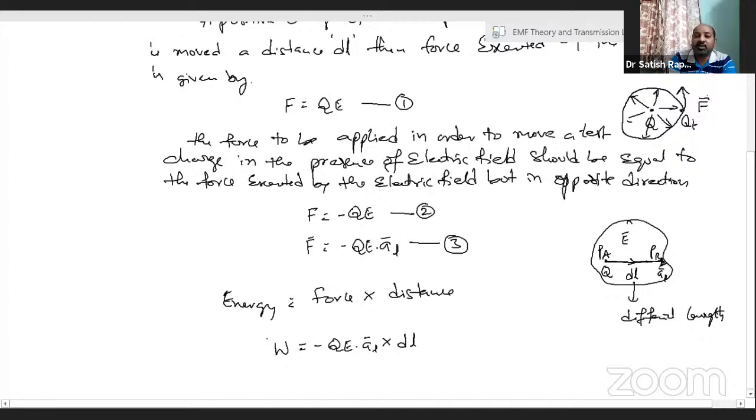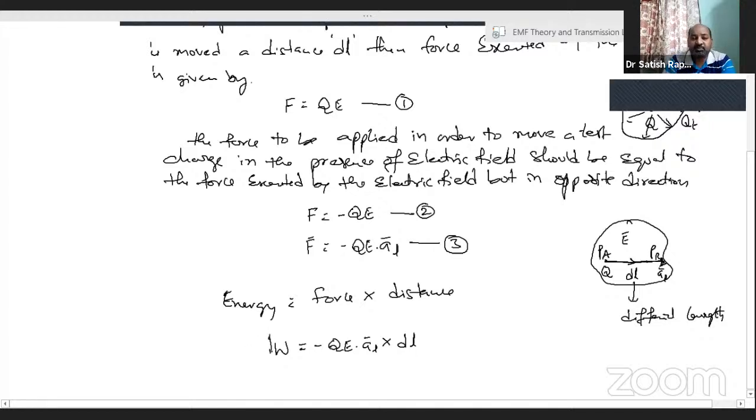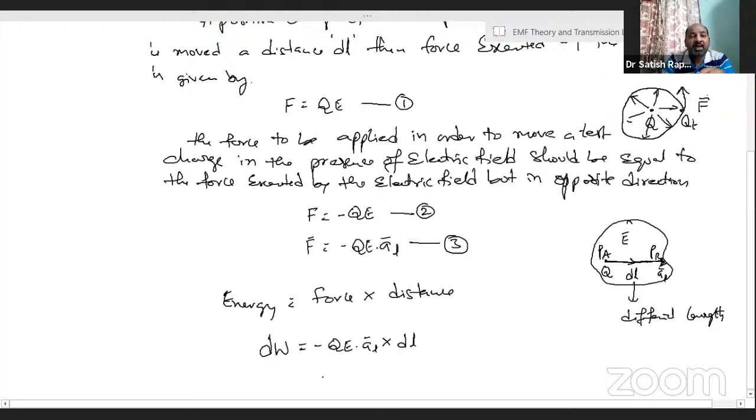So we are determining the differential energy, in other words the differential work done, with respect to the differential length dL.